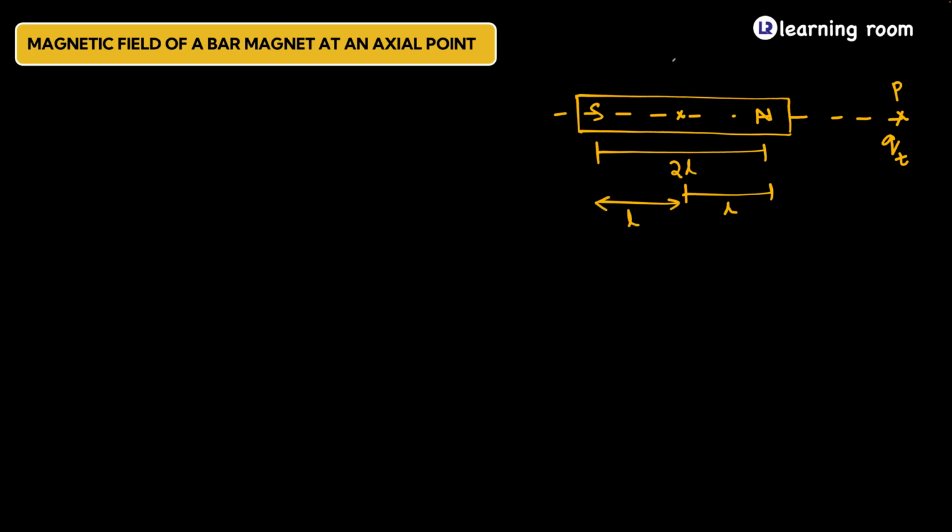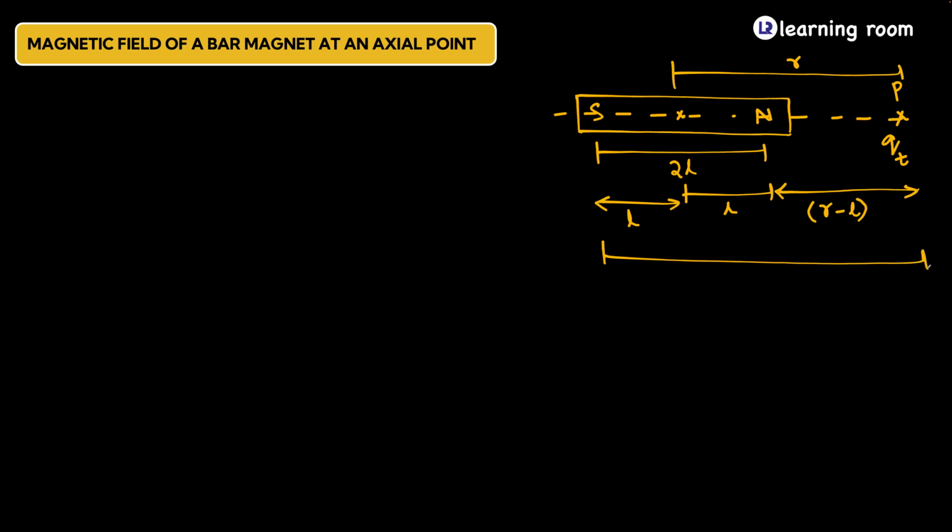Now, from the center, I am taking this point at a distance R. So, from this pole, what is going to be the distance to the point P? It will be R minus L. And from the south pole to this point P, what is going to be the distance? It will be.